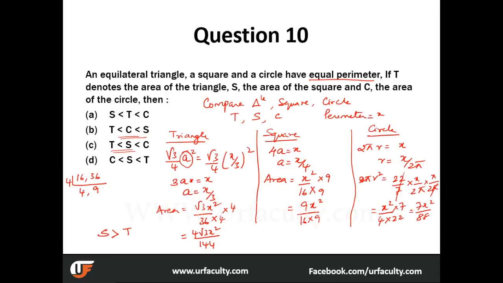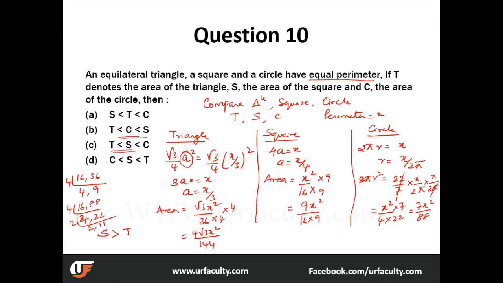So let's compare circle and square. So we need to quickly take the LCM of 16 and 88 and check if C is greater than S or not. So you have 4, you get it 4, 22, 2, 2, 11.